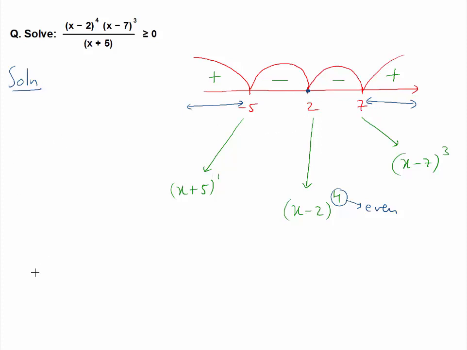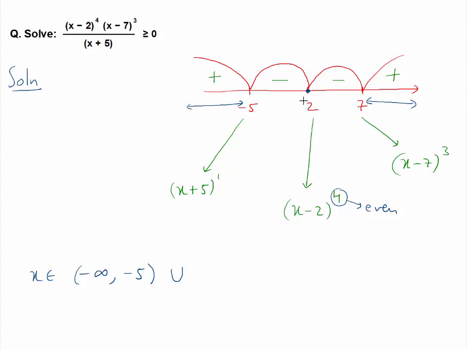So our final solution would be x belongs to minus infinity to minus 5. Minus infinity is not included by definition because it is not a fixed point. Minus 5 should have been included, but the problem is that it will make the denominator 0, for which the expression will no longer exist. Therefore, we'll exclude that.